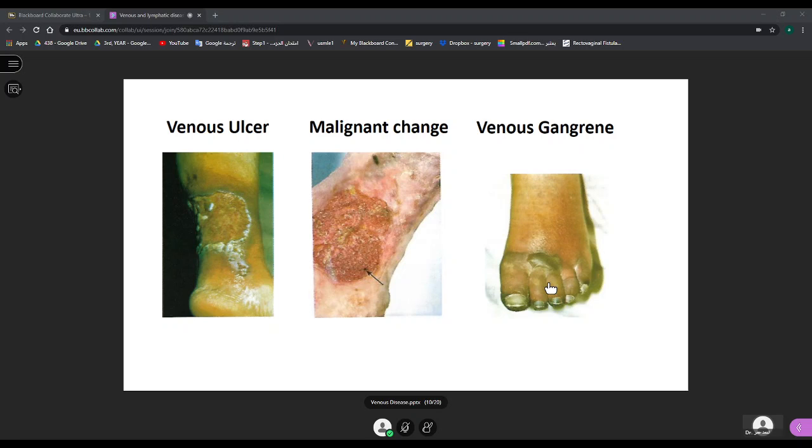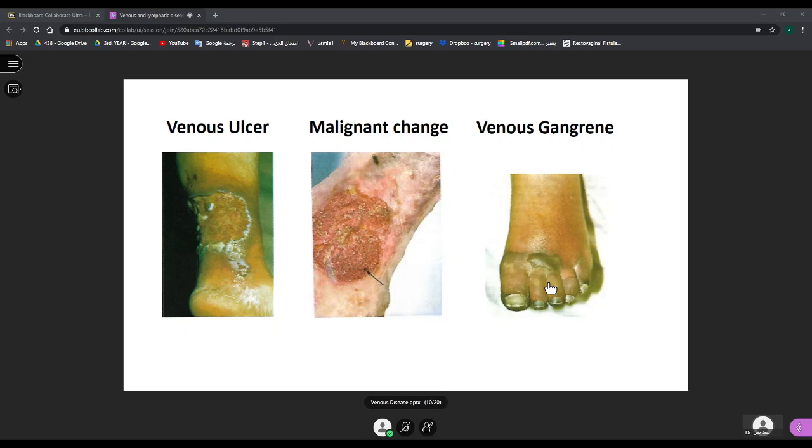So far we have talked about the definition of varicose veins. We talked about classification of varicose veins into primary and secondary, and we identified the cause or the etiology of each one of these categories. And then we talked about the risk factors that you should survey in your history, and then we talked about the main clinical features, including symptoms and signs.